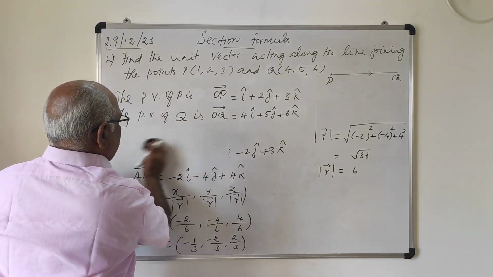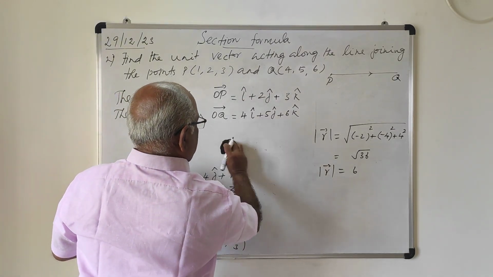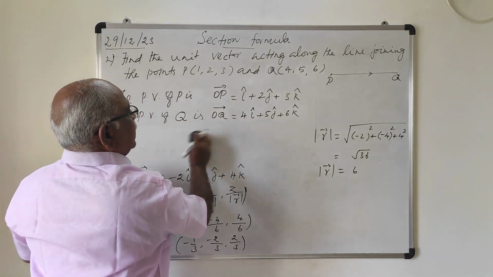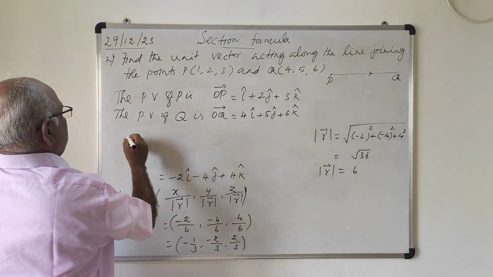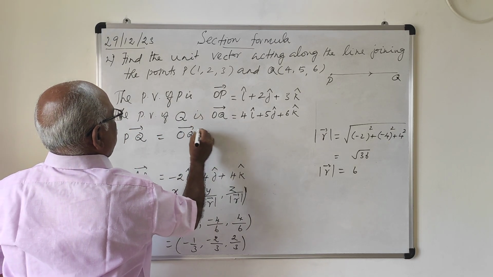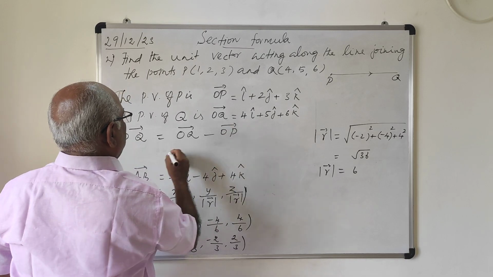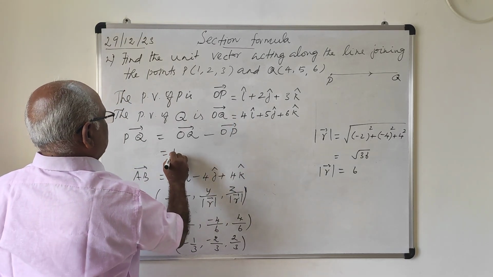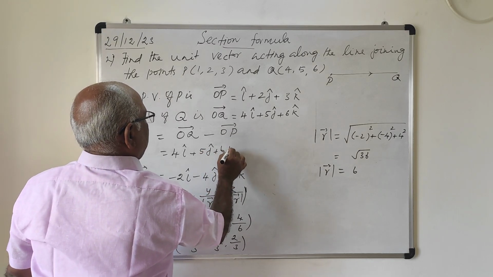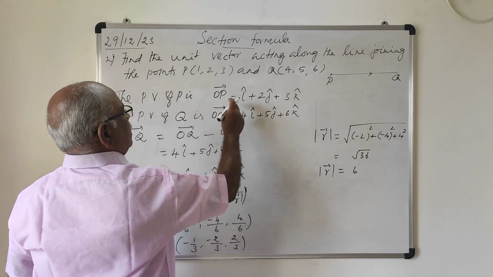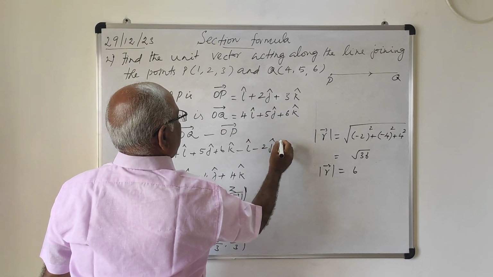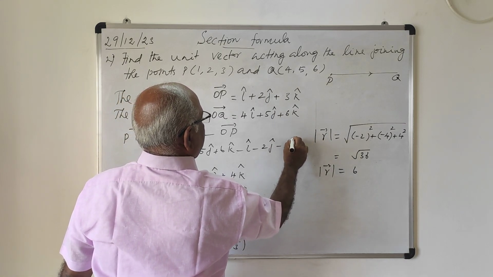Same idea. Now we have to find the vector PQ first, and then convert that to the unit vector acting on the line PQ. So PQ vector is position vector of Q minus position vector of P, OQ minus OP. OQ is 4i plus 5j plus 6k, minus OP, that is minus i minus 2j minus 3k.